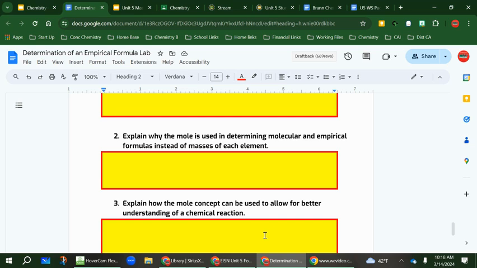Yes. Wait. Read the rest of it. Explain how the whole concept looks. Oh, wait, no. I don't think so. I don't think cereal is like that. Why do we use the most?